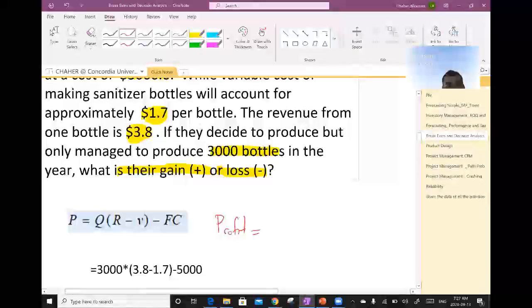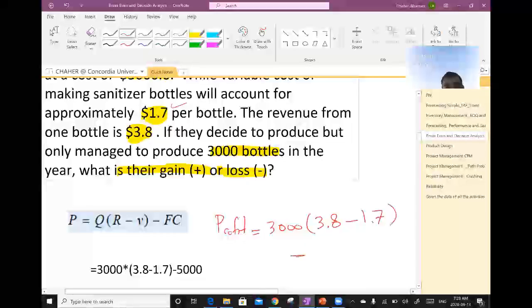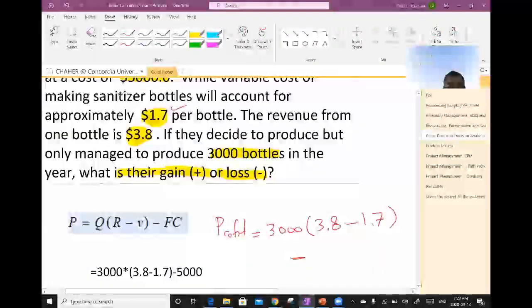So this is the profit. It's going to be the Q, which is, they're saying 3,000, times the revenue we're getting, which is 3.8, minus the variable cost, which happens to be 1.7, and minus, and we're subtracting from that the fixed cost, which is 5,000 in this case.